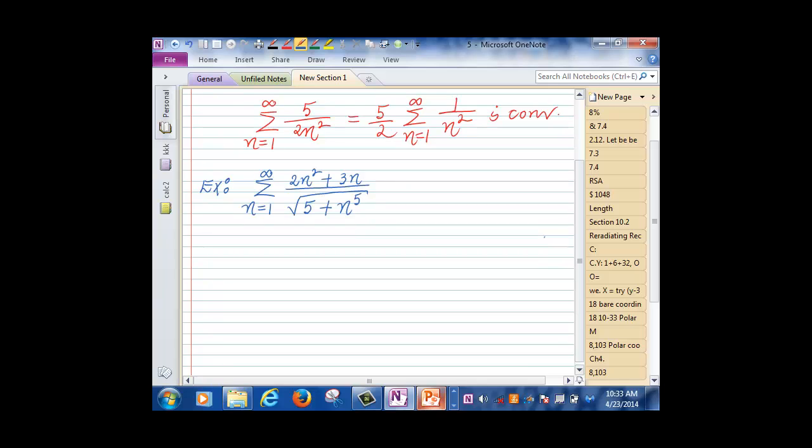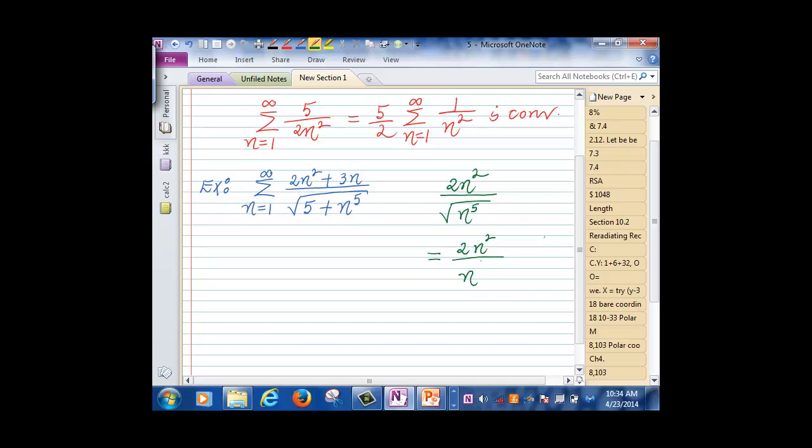No, not quite. Okay, so if you ignore the lower order terms, in the numerator, what do you get? 2n squared. In the denominator, you have root of n to the 5, right? So what's the root of n to the 5?